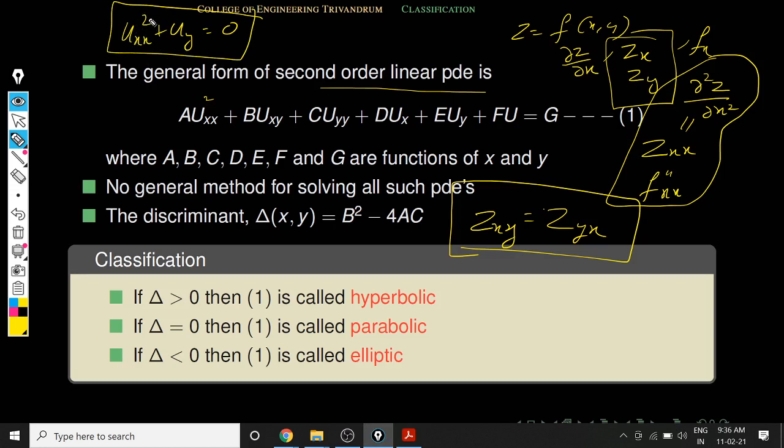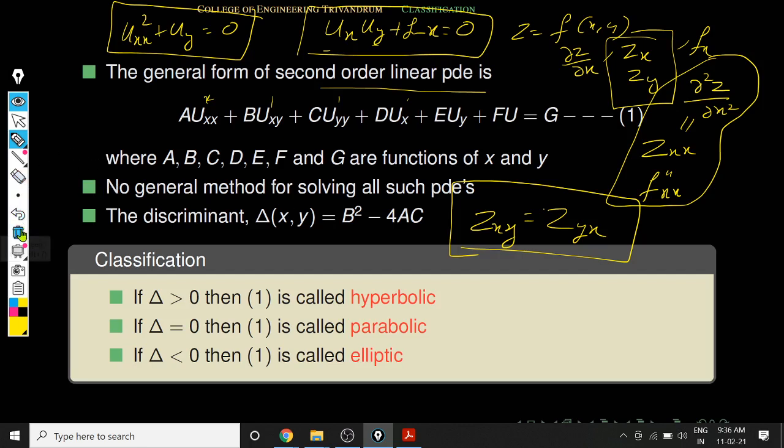Here all the powers are units, and there is no product term like this. Suppose a partial differential equation like this: ux uy + sin x = 0. This is a first order PDE, because it involves only first order derivatives ux and uy, but it is not linear because there is a product of u terms. You got it?